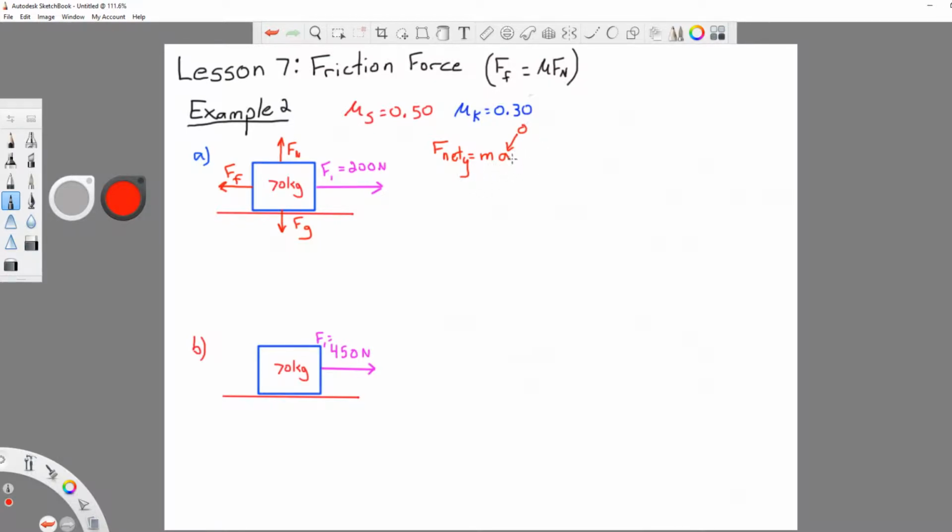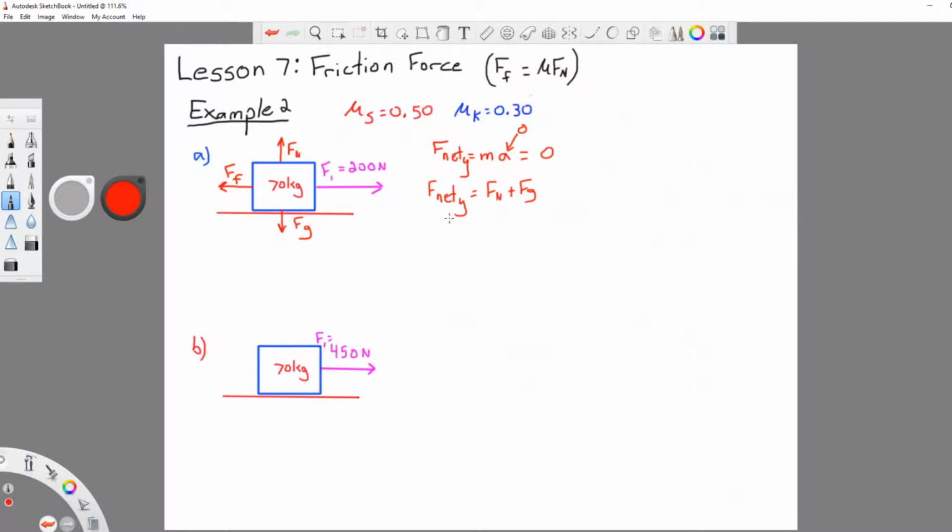So that's going to make force net y equal to 0, because anything times 0 is 0. We can also say then in the y direction, F net y is equal to normal force plus force of gravity.